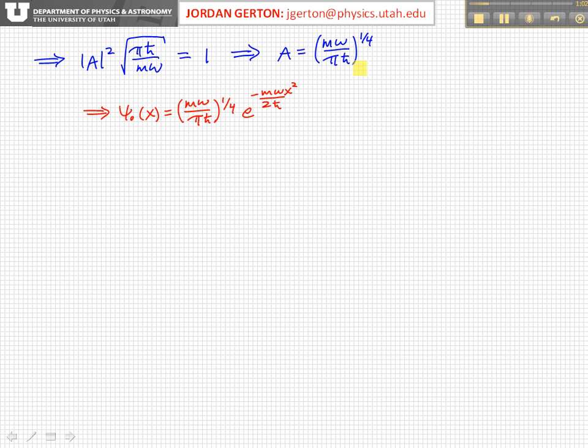Well, the thing is that you can choose one of the constants to be real. If a were complex, the magnitude wouldn't change, but just the phase would change. And since all the solutions are related to each other by these raising and lowering operators, that would change the phase for all of them.